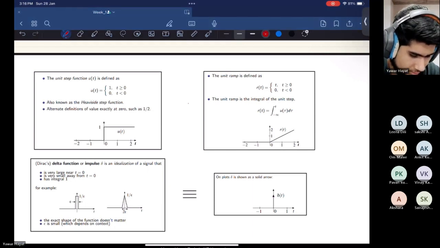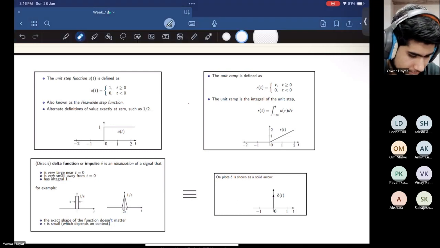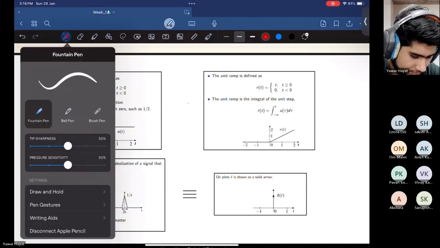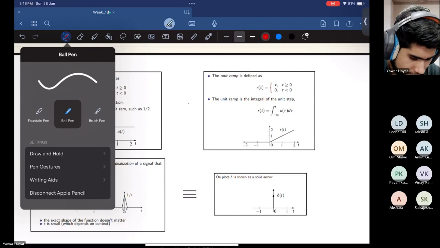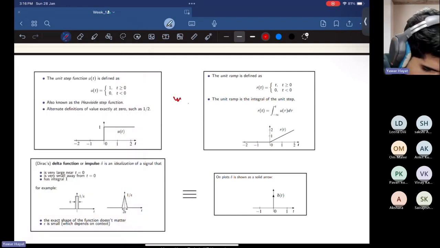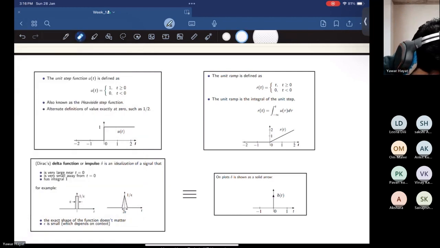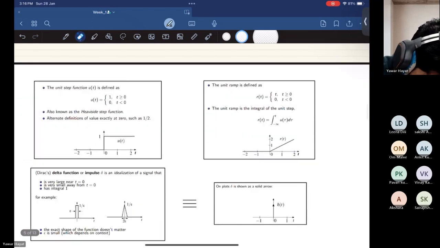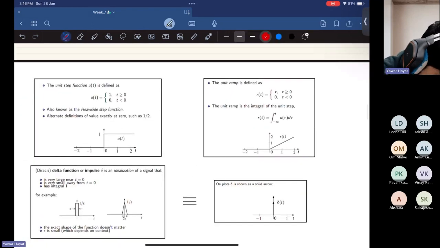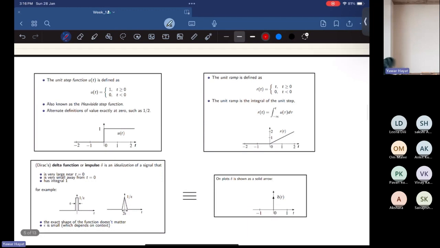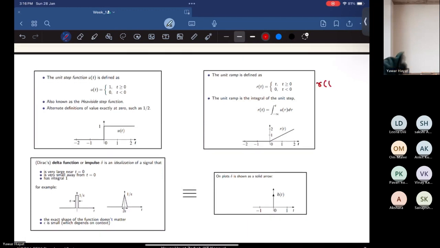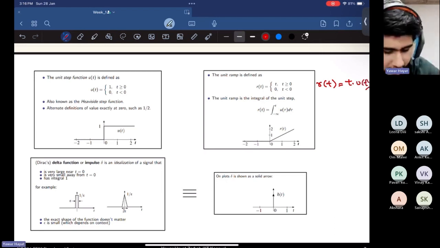It's working now. So what I was saying is we can write this r of t as t times u of t.